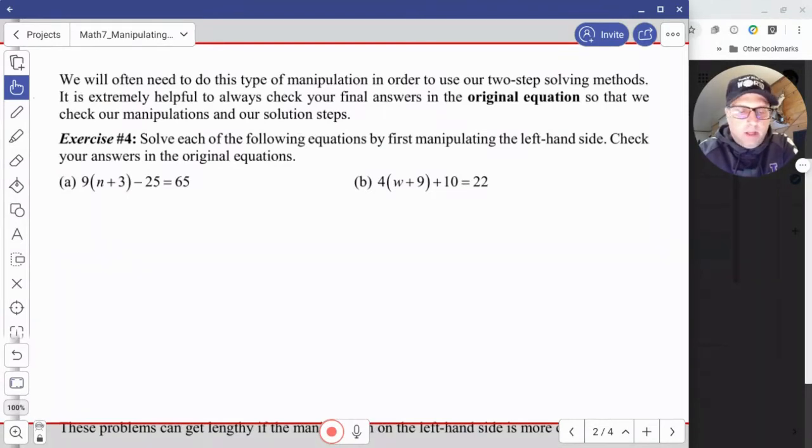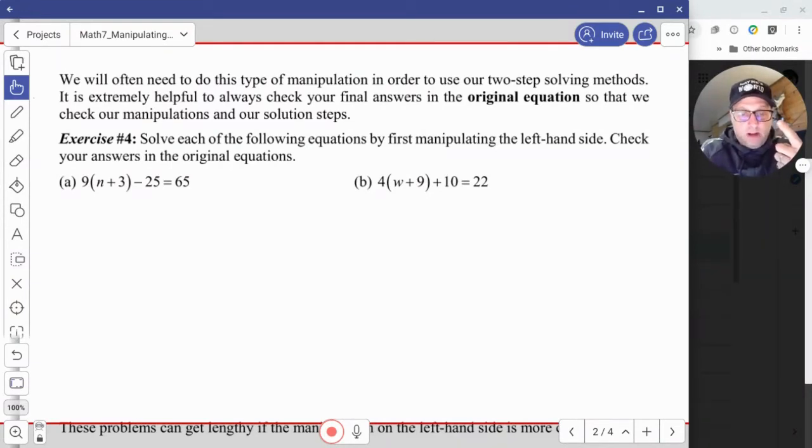We've got A and B. I can tell just by years of experience looking at these that each of these equations is going to be a 4-stepper, because I'm looking at distributive property. I can see that in there, and hopefully you can start to see it too. Look at A, look at B. There's distributive property. Then there's also a term left over.